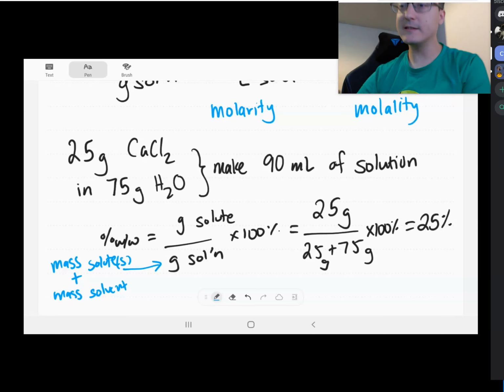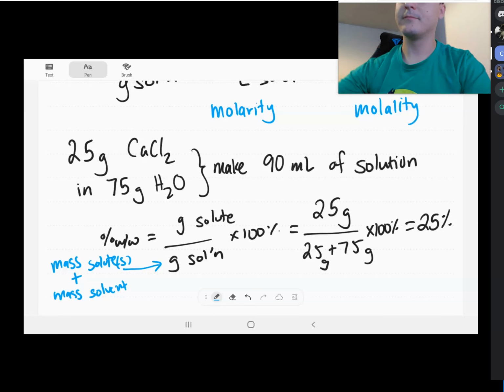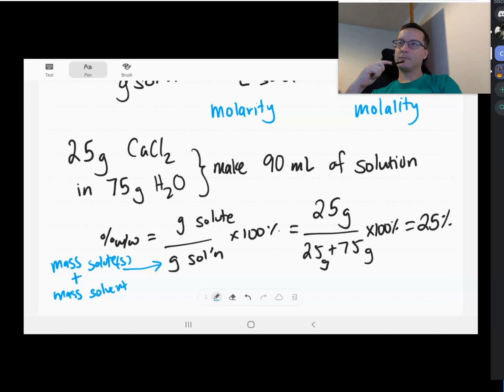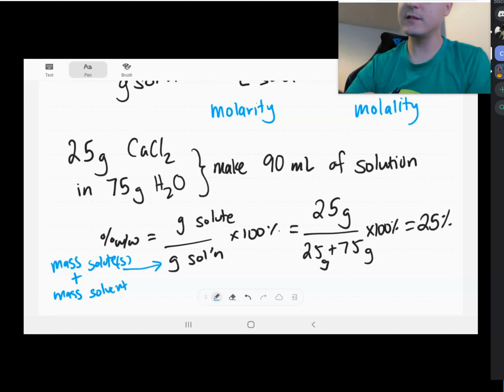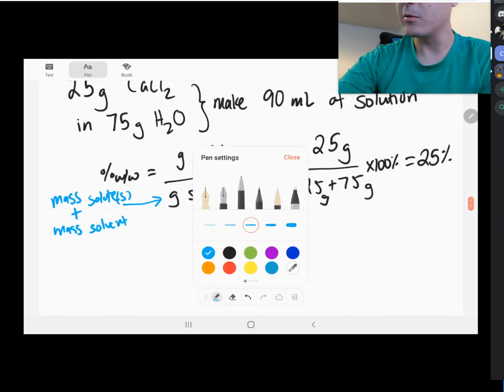Okie dokie. Let's see what Melissa's got to say. So the mass of solution. I'll just write that in a nice little formula here. How about in green?